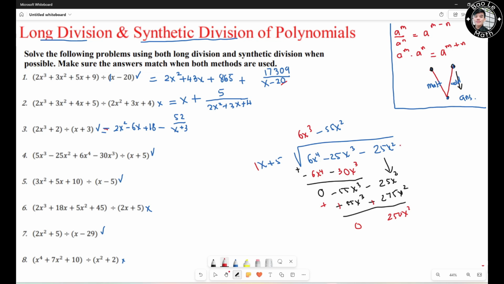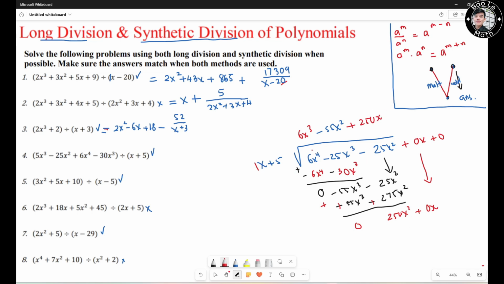Now, you don't have anything right here, you just have 0s, and 0 right here. So you bring it down, plus 0s. Now 250s squared divided by s is going to be s.